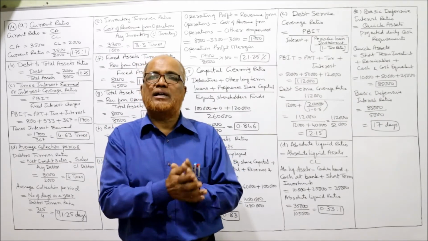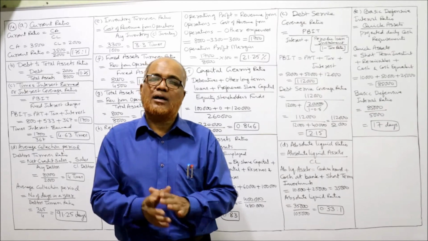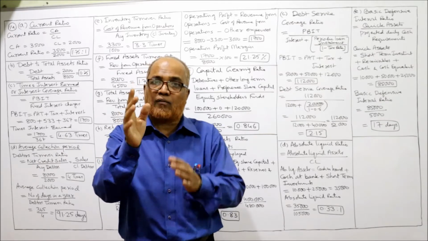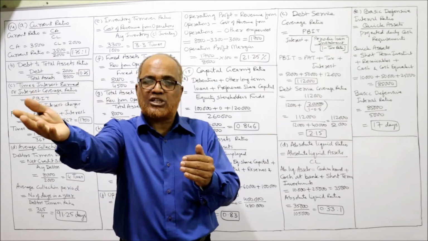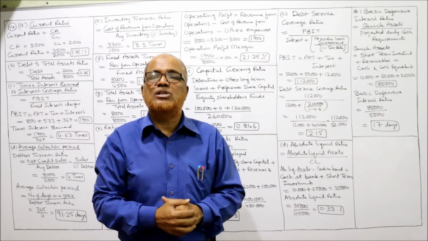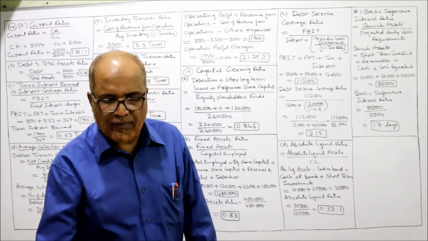The profit after tax is 50,000 because 50% is the rate of tax. So the company has earned 1 lakh rupees profit before tax. Out of 1 lakh rupees, 50,000 rupees tax paid and the remaining 50,000 is the profit after tax. That is the information given.